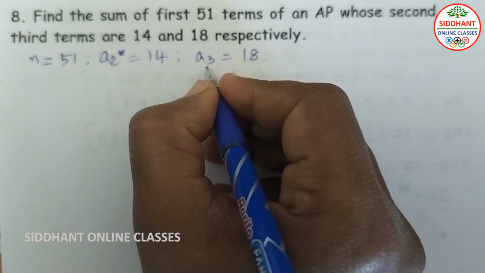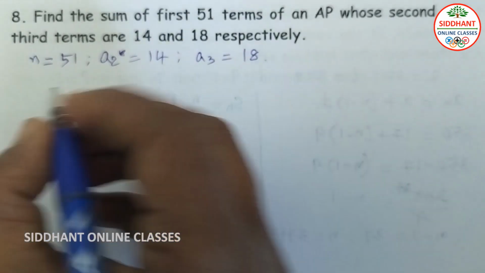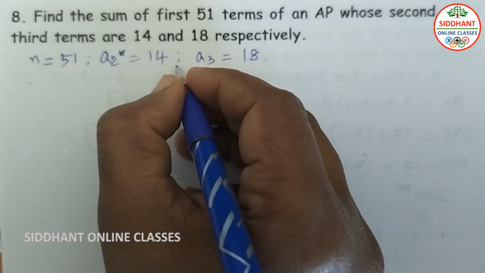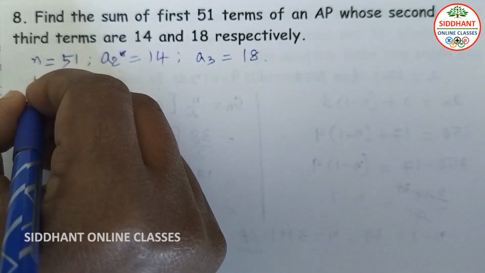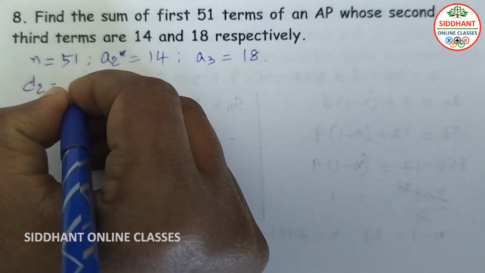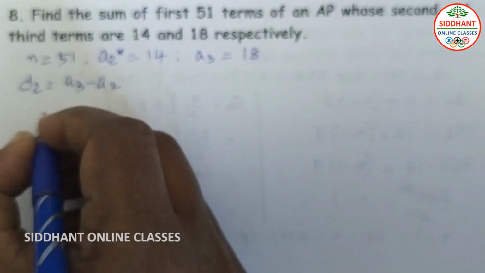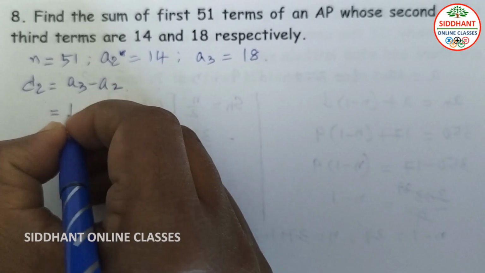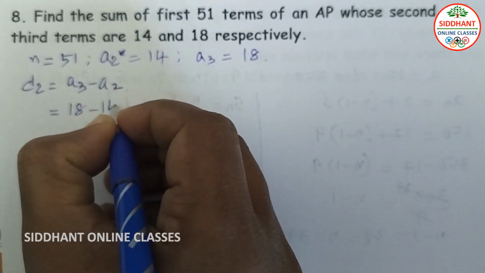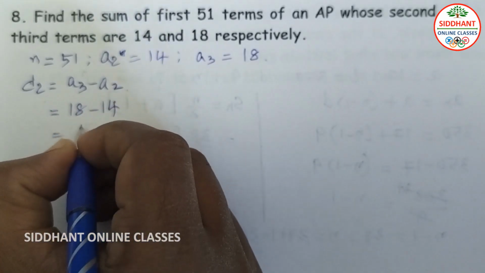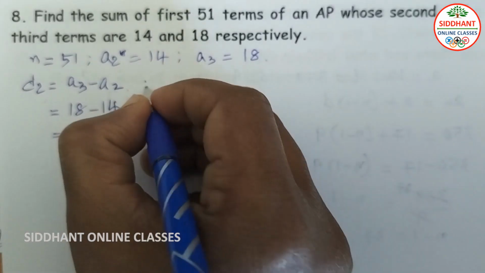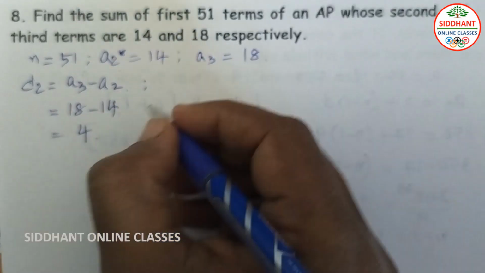So from this a2 and a3 we can find a common difference. Suppose it is d2, so d2 is equal to a3 minus a2, which is equal to 18 minus 14 that equal to 4 here.